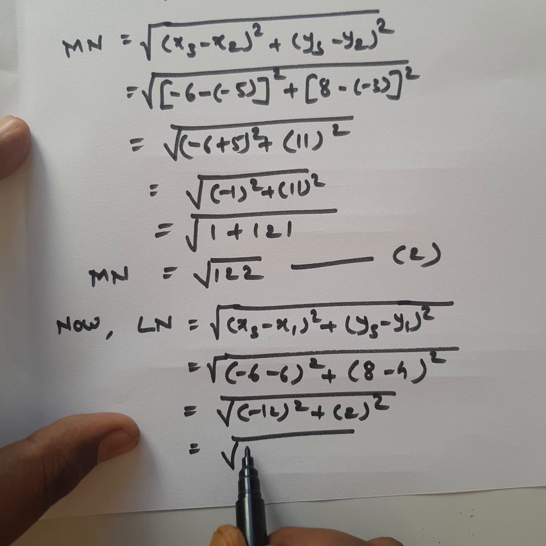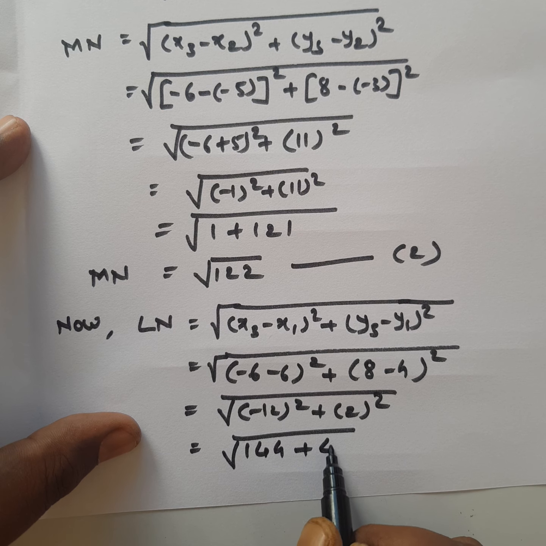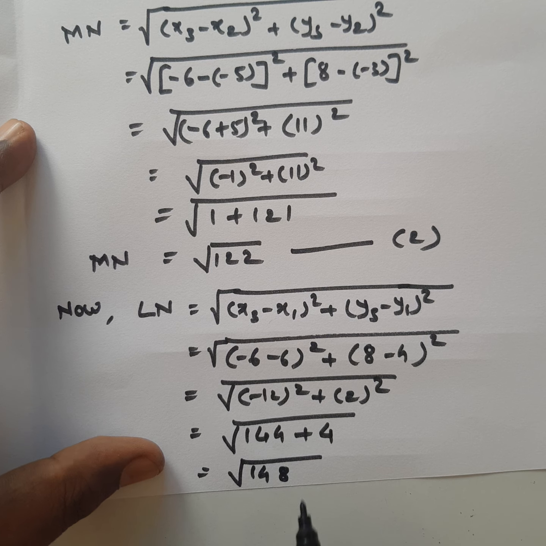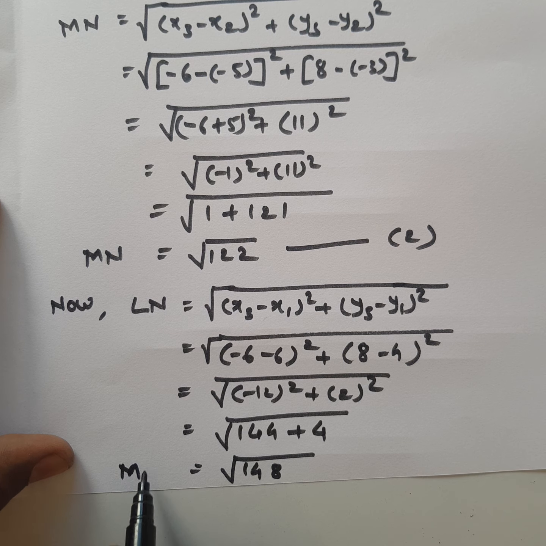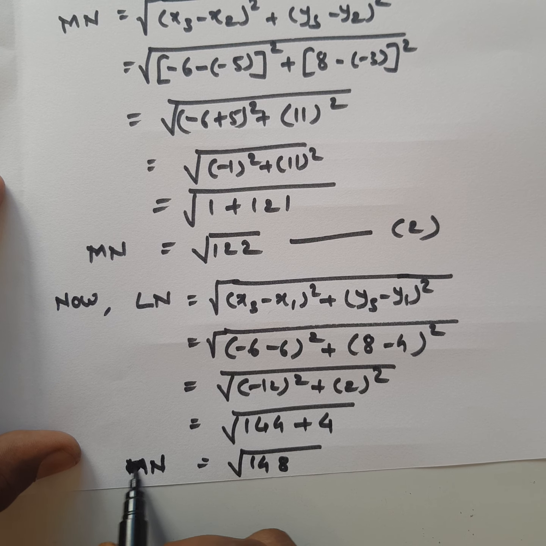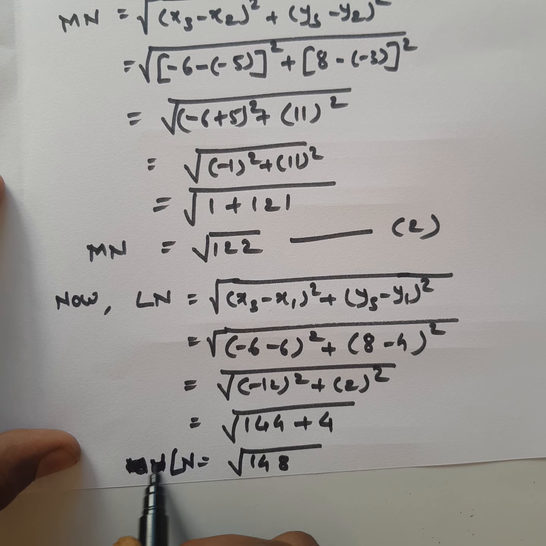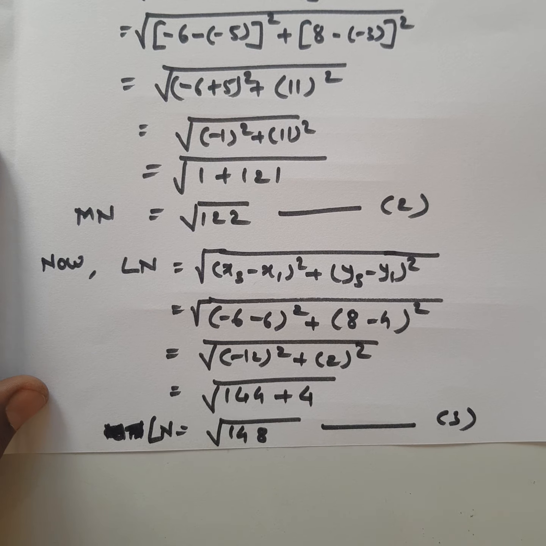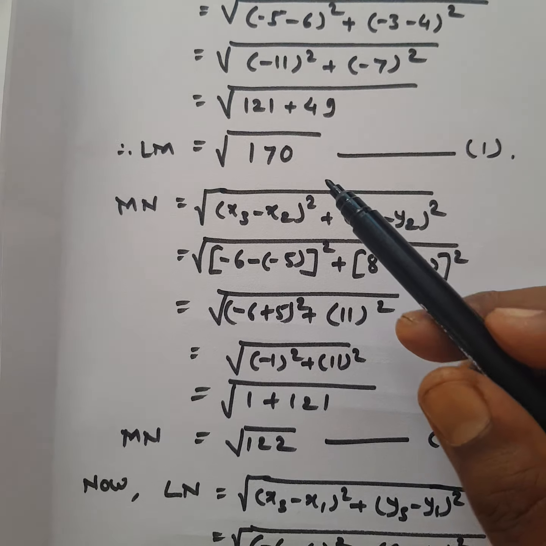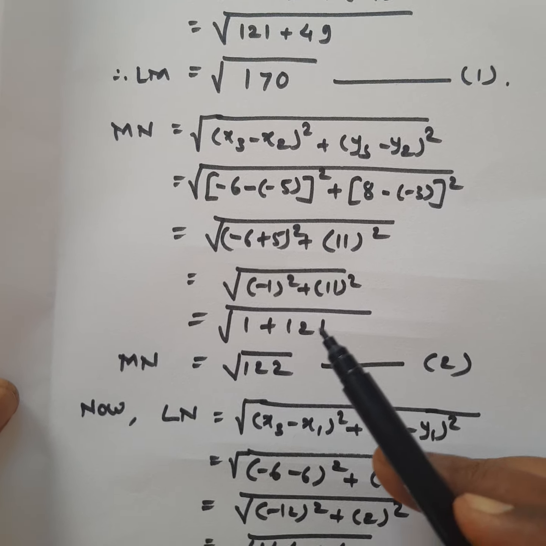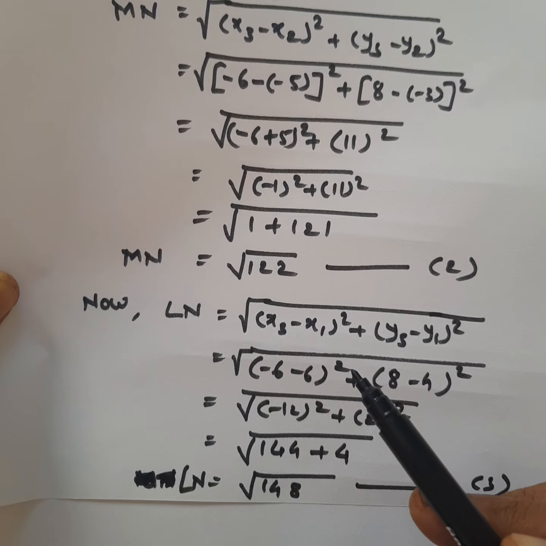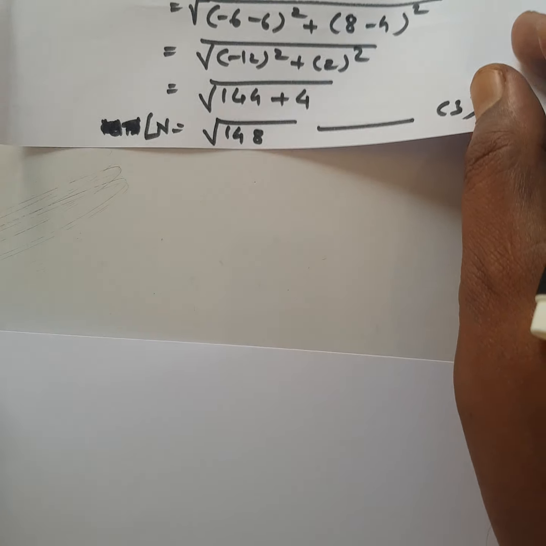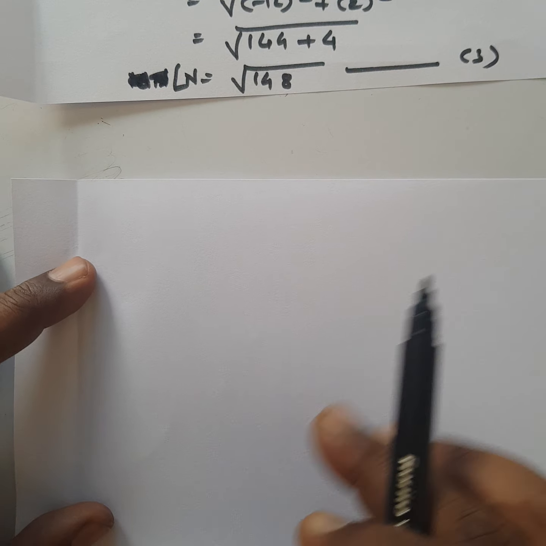The square of minus 12 is 144 plus 4, that is 148. Root 148 is the length of side LN. We will give number 3 to this value. Here the length of side LM is root 170, side MN is root 122 and side LN is root 148. All the values are different, therefore all sides are of different length.